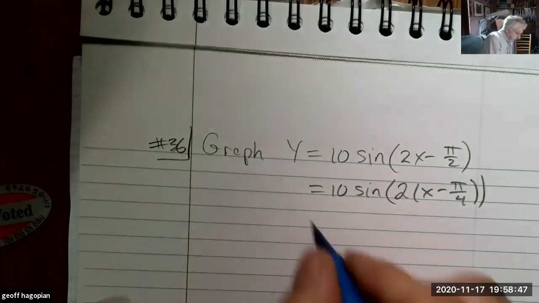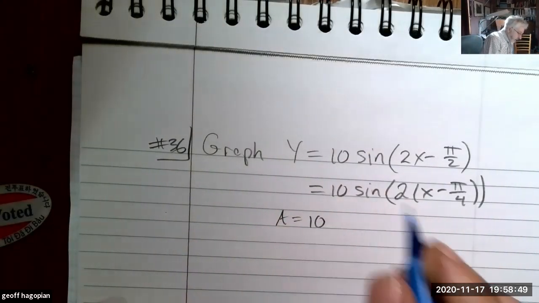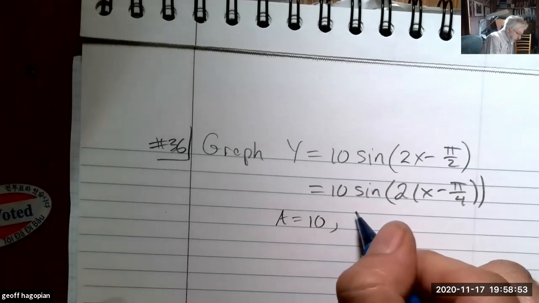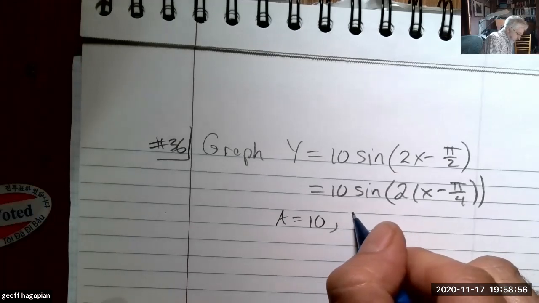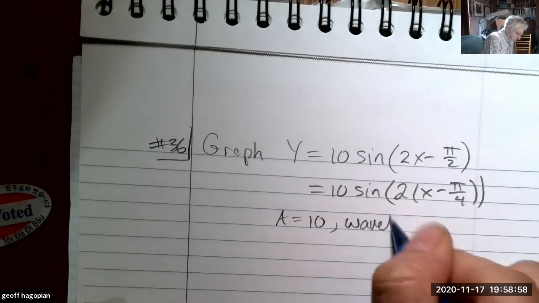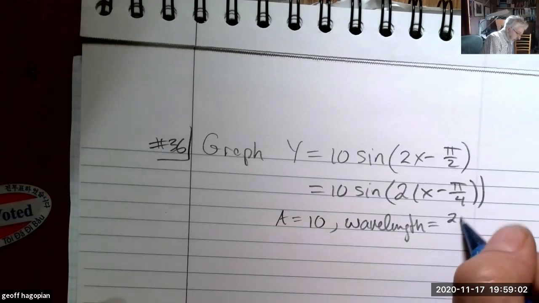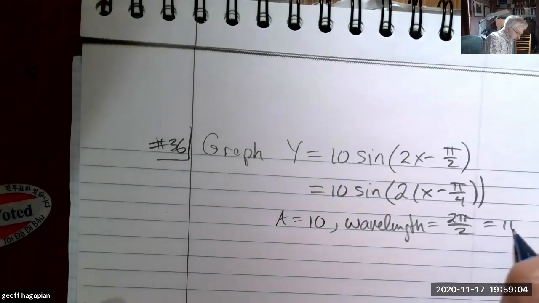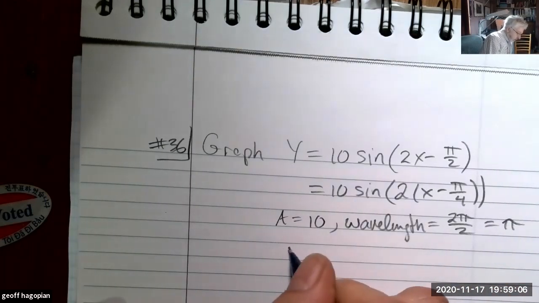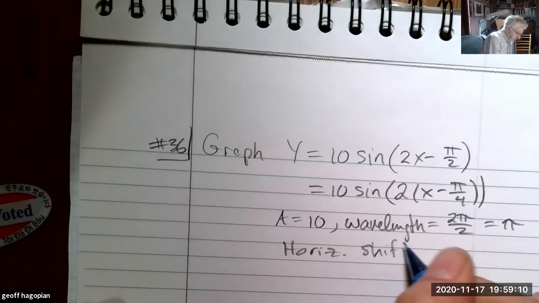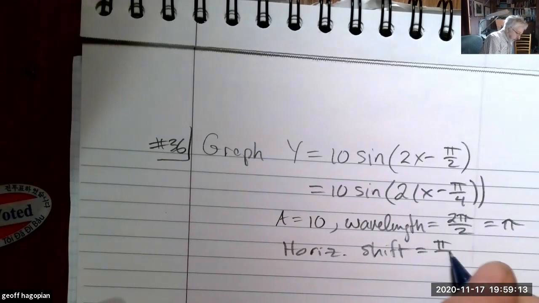So that means that the amplitude is 10. The wavelength, or period, is equal to 2 pi over 2, or pi, and the horizontal shift is equal to pi over 4 to the right.